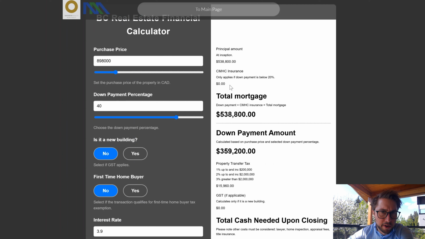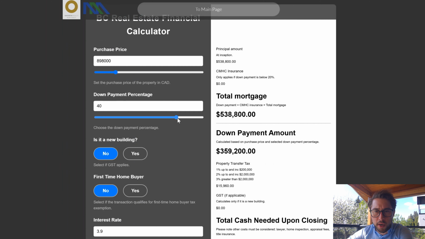I have two calculations here in case you are putting down less than 20%. If you're putting less than 20% down, there is a CMHC insurance cost that you will have to tack onto the mortgage. But let's go back to 40.